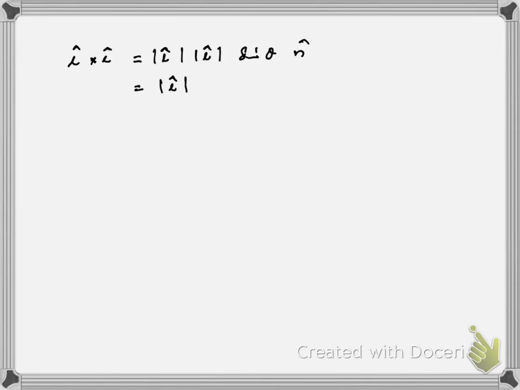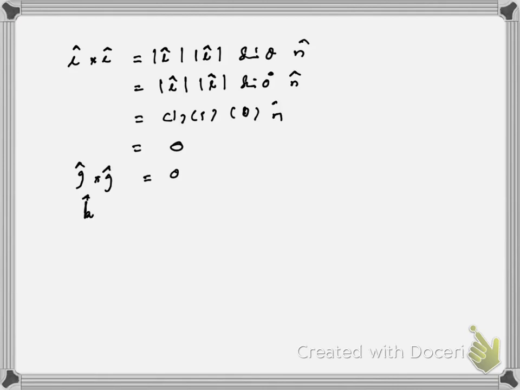So magnitude of i into magnitude of i into sine 0. You know that sine 0 is 0. So 0 into any number is equal to 0. Similarly, j cross j is equal to 0. k cross k is equal to 0. Now come to i cross j.